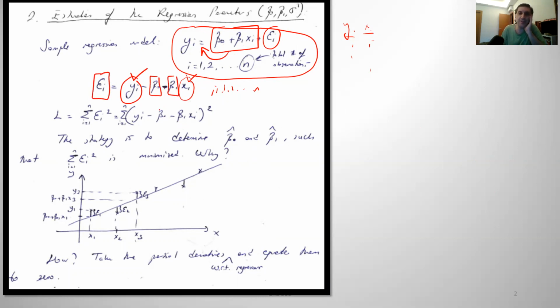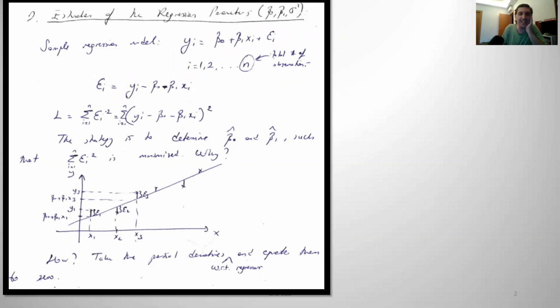So what we do here is this. We take the square of each of these terms and sum them. So this ei square means square it and sum for n of these values. This is what we call the sum of squares of errors.